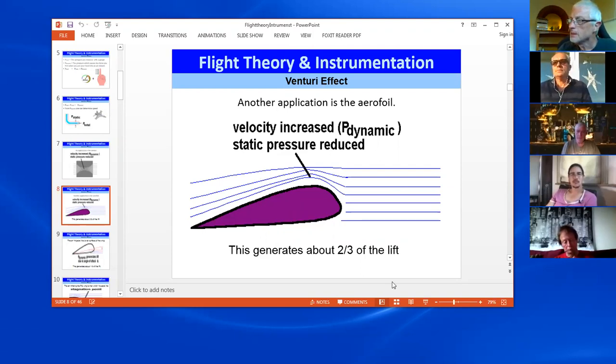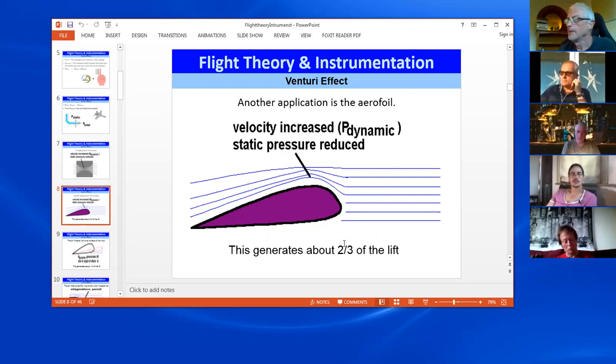This 2/3 figure is how the lift splits. As a consequence of the shape of the wing and the air flowing over it, Bernoulli's theorem gives a reduction in pressure, and 2/3 of the lift is generated.